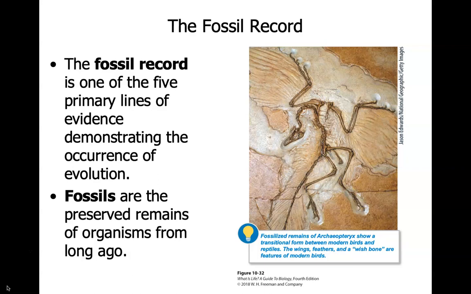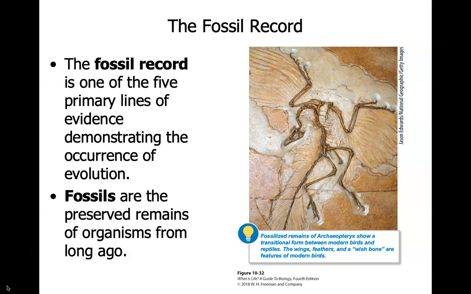So fossils are basically the remains of living organisms that have turned into stone. Through a process of weathering and natural preservation, hard structures in living individuals have been turned into rock. And so those features are basically images in stone now.